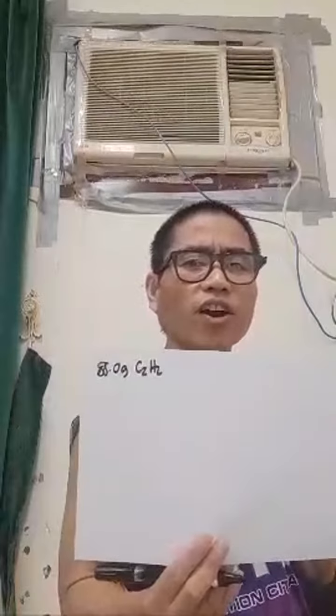Acetylene gas. 88 grams of acetylene gas. There are endless computations of molecular weight and atomic weight. So, molecular weight, you have to determine that because you have the mass. It is related to each other.